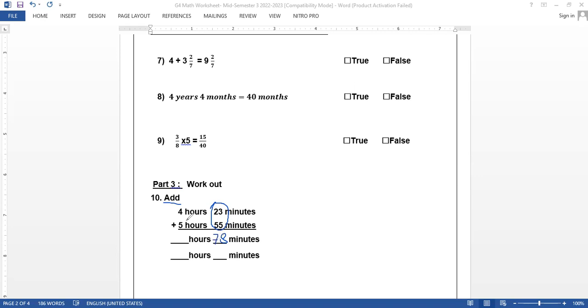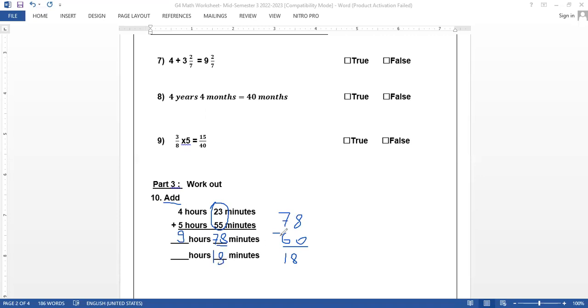Now we add 4 plus 5 equals 9 hours. But here, when the minutes are more than 60, I need to rename it as hours. Now I subtract 60 minutes from it, 78 minutes minus 60, which is 1 hour, equals 18 minutes. So I have 18 minutes.